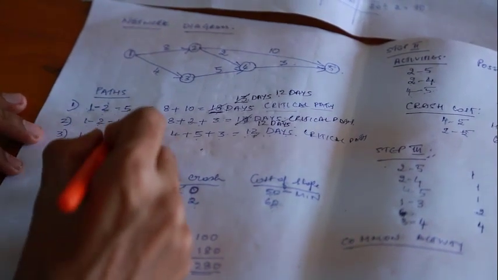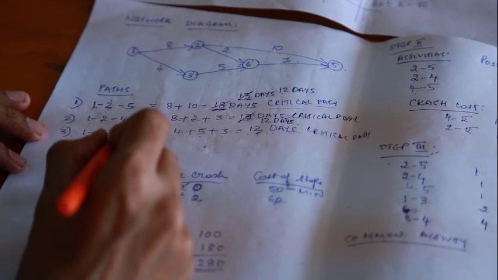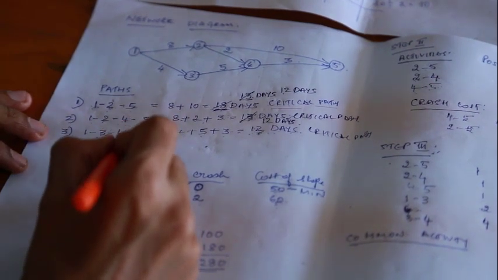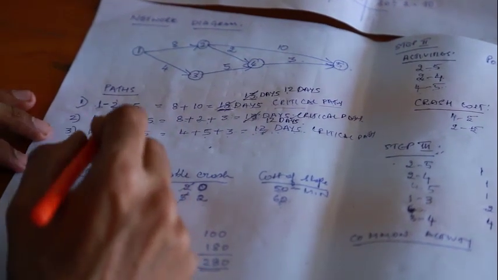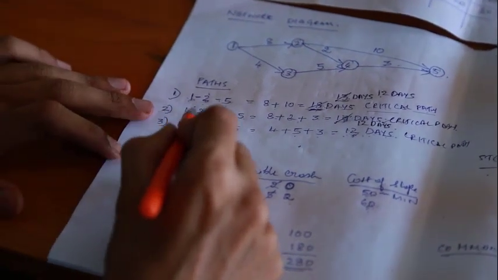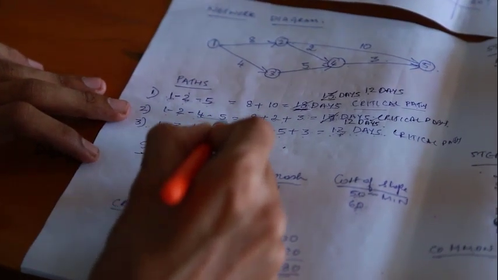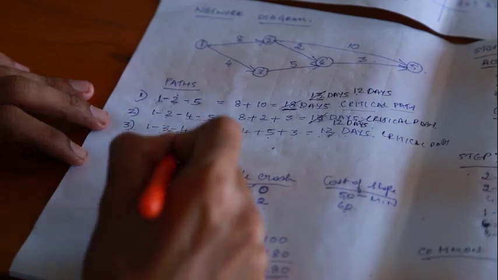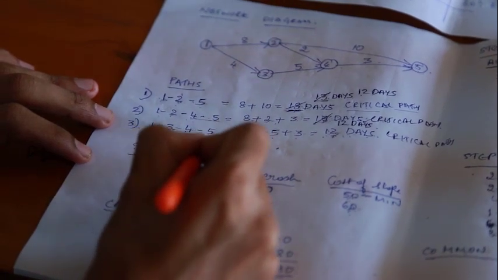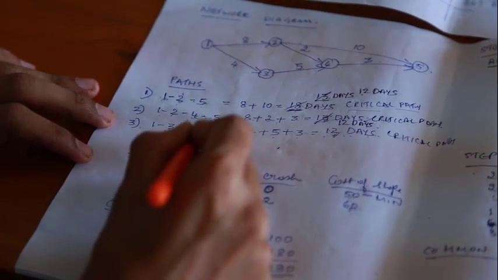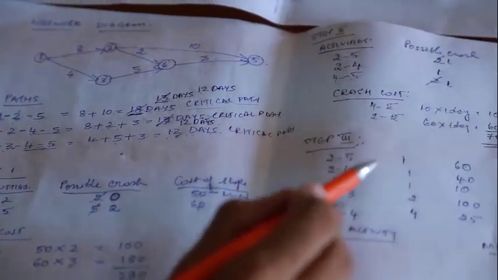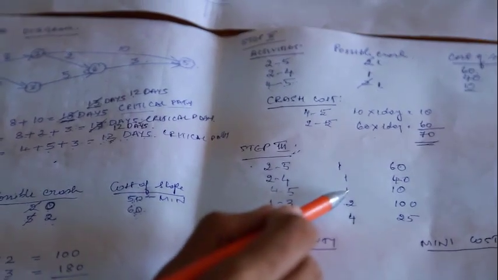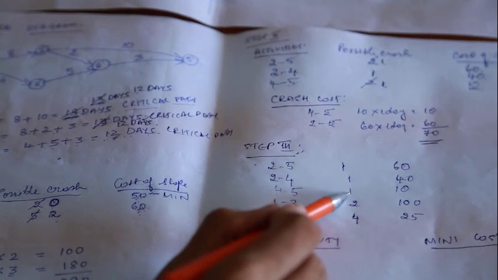Whenever we have got more than two critical paths, first we'll have to check with a common activity. Now if you see path 2, activity 4 to 5, and path 3, activity 4 to 5, both have got a possible crash as 1. If it is 0, we need not take it.